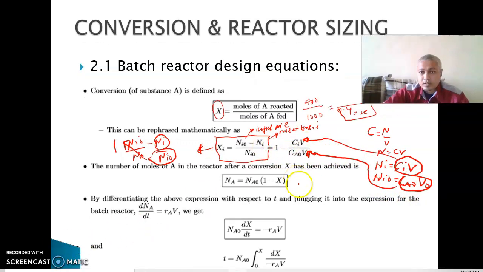In the previous lesson, we have also discussed how to get this formula. This is the initial mole. If we expand, we will get Na naught minus Na naught times X. We will get the remaining number of moles after we subtract the conversion.